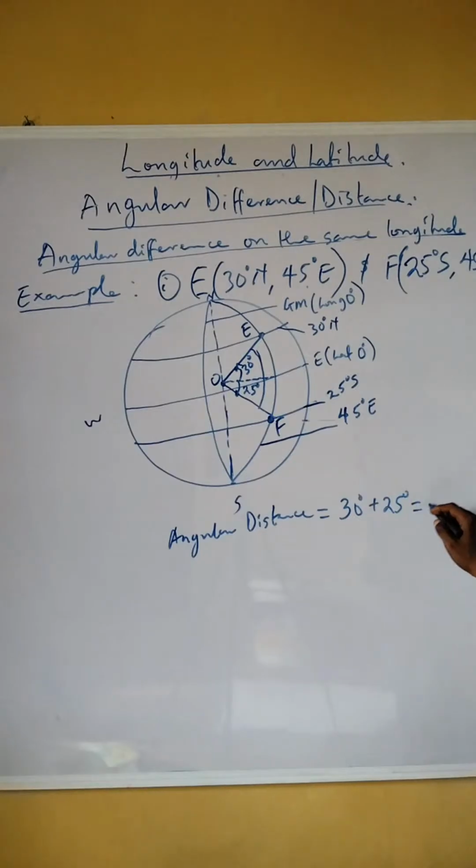And this gives us 55 degrees, right? Now, something important is here that we should take note. Let's take the second example so that we are going to see the summary properly.